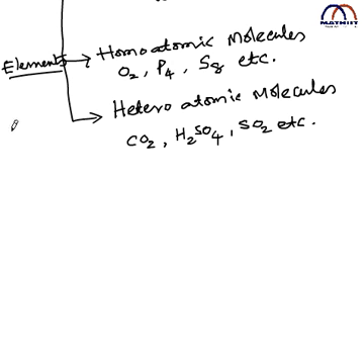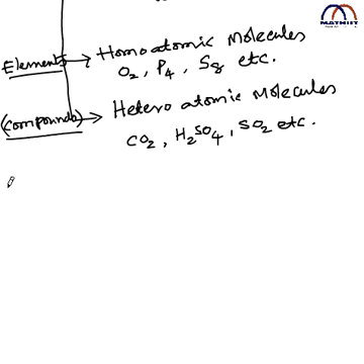And where are these heteroatomic molecules present? Compounds contain these heteroatomic molecules. So both elements and compounds contain molecules, but what is the basic difference? The molecules present in elements are homoatomic molecules. The molecules present in the compounds are heteroatomic molecules. That is the difference in terms of molecules.